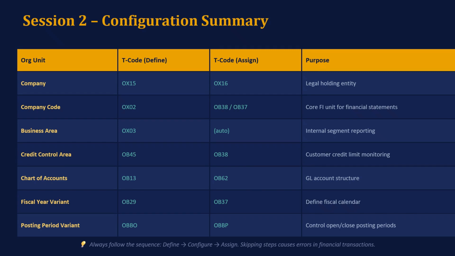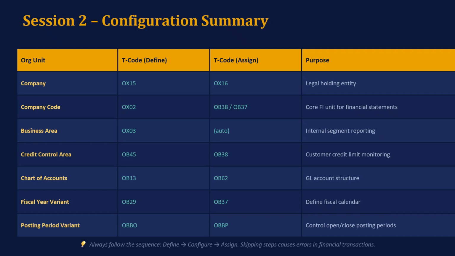Okay, and then the configuration summary. For the company, the T code for definition is OX15, and then OX16 is to assign. The purpose is the legal holding entity. Company code OX02, OB38, OB37, core FI units for financial statements. Business area OX03, for internal segment reporting. The credit control area OB45, OB38, customer credit limit monitoring.